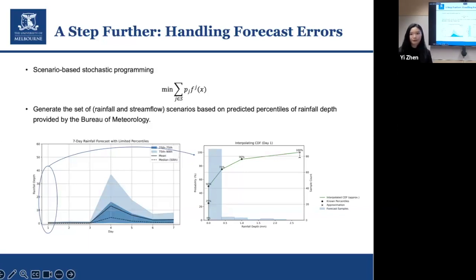These percentiles and the expected value basically come from the ensemble forecast from the Bureau. However, we don't have access to all those ensemble members.